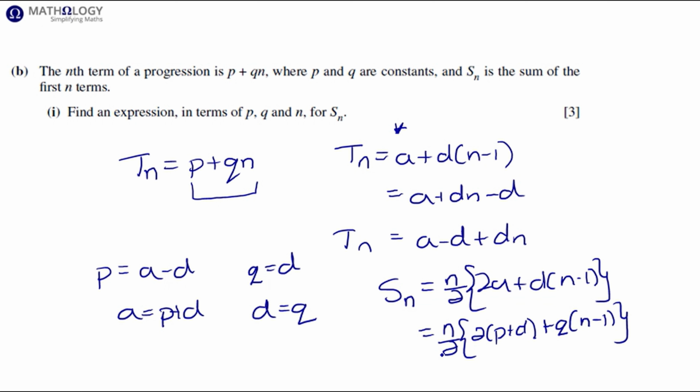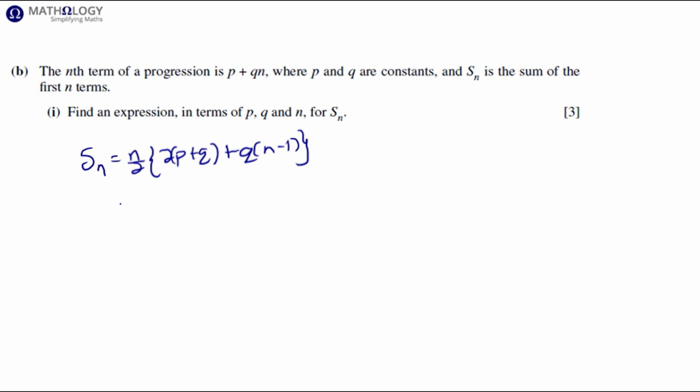And since d equals q, that equals n over 2 times 2 times p plus q plus q times n minus 1. So that equals n over 2 times 2p plus 2q plus qn minus q.